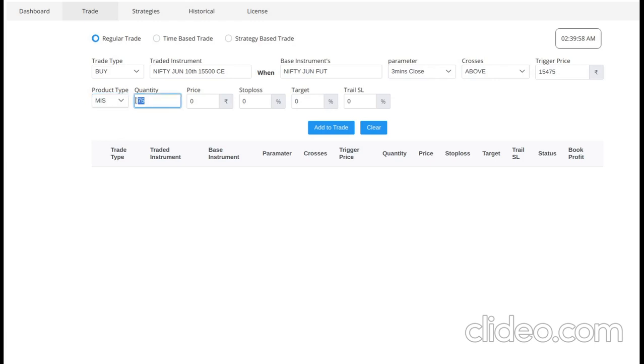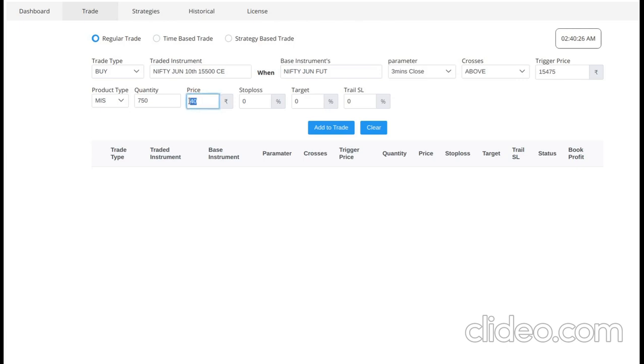I will buy around 750 quantities, which is 10 lots, and then you can say that you want to buy at the market order. So you just leave the price as 0. If you don't want market orders, and you have something in your mind, that I will buy it at like 30 or 40 rupees, then it will place a limit order.